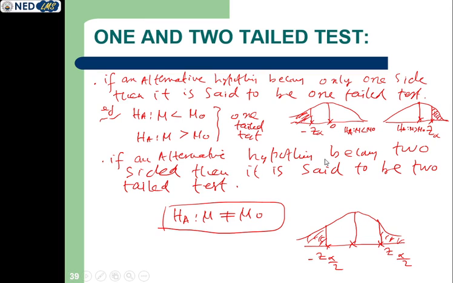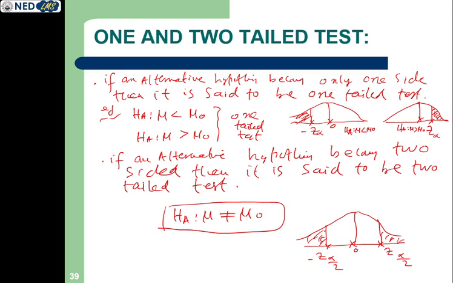Now student, if we are going to check both tails, then that test is said to be a two tail test. If the alternative hypothesis becomes two-sided, see this one, mu not equal to mu naught, this stands for mu may be greater than mu naught or mu may be less than mu naught. So make a graph, for example a normal distribution with mean equal to 0.